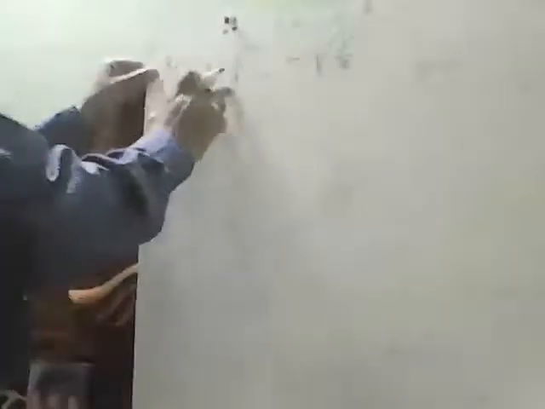Root over of 5 by 3 and minus root over of 5 by 3, these are the two zeros given.